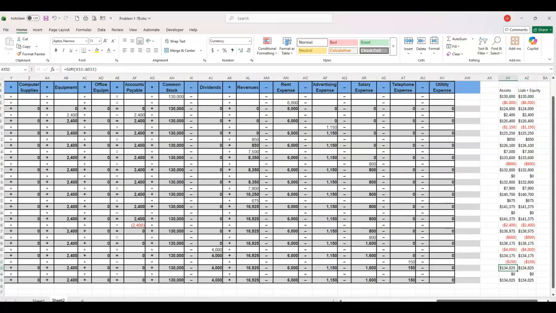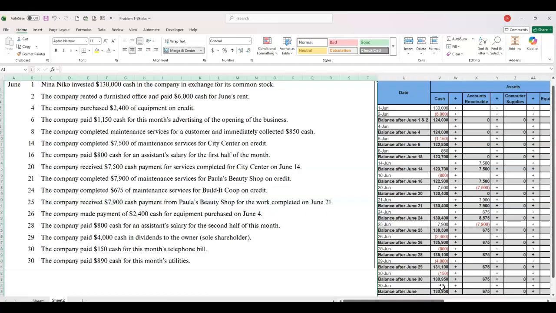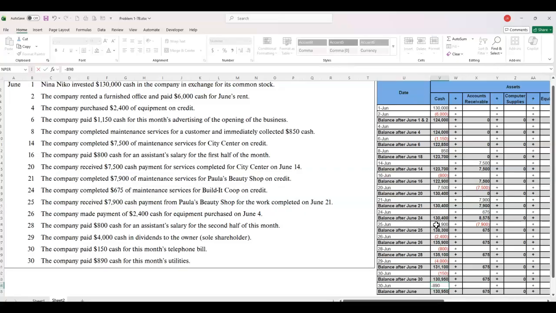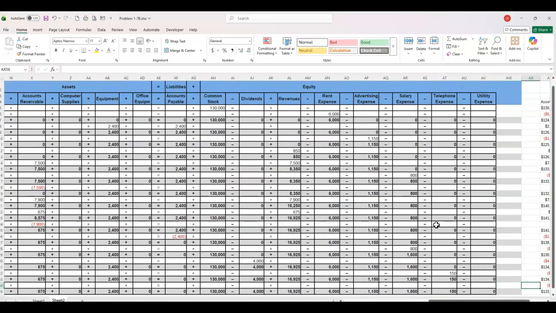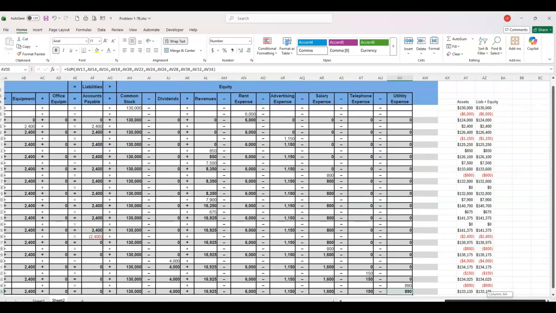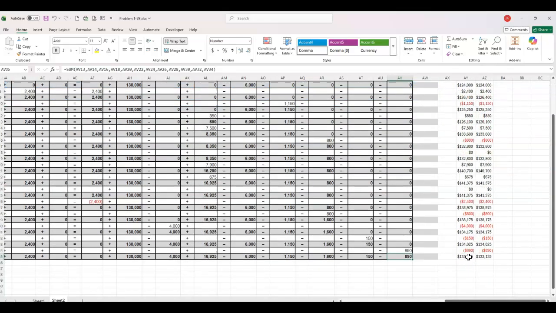See the balance, same. And then on the 30th again, we paid another bill. We paid $890 in cash for utilities. And that gives us our final balances.